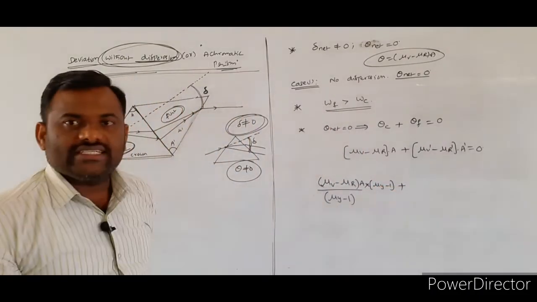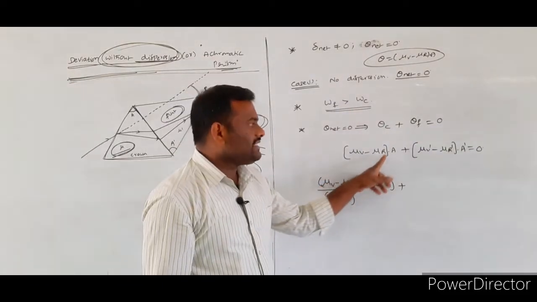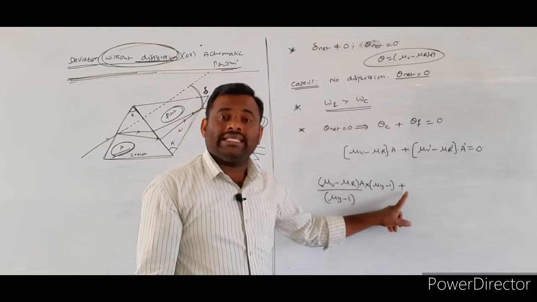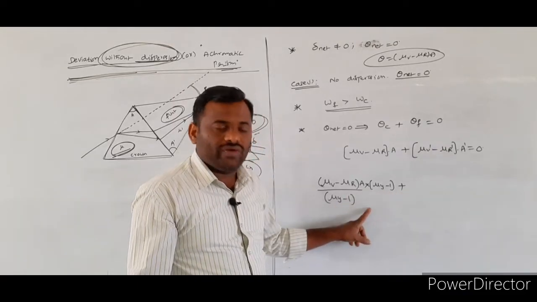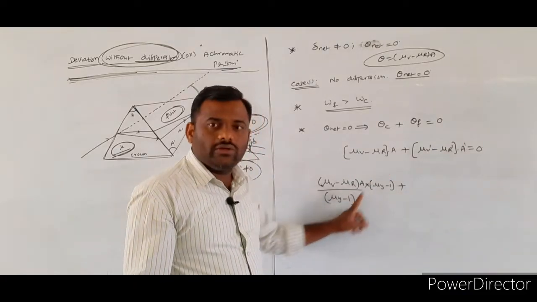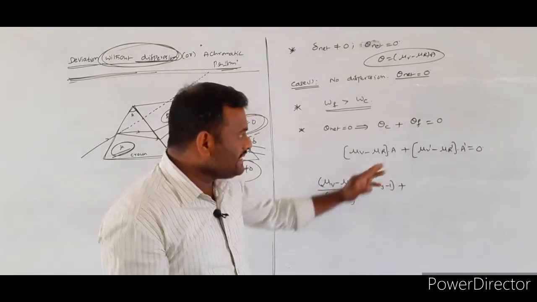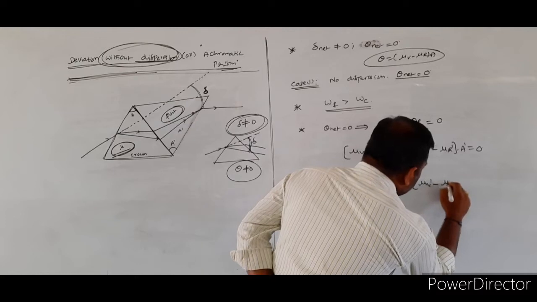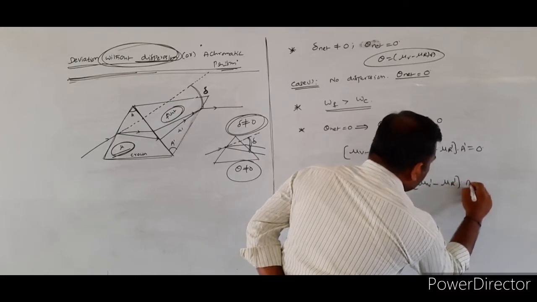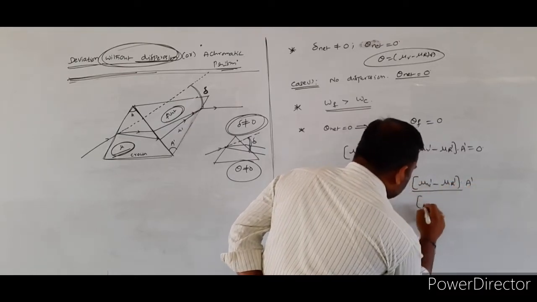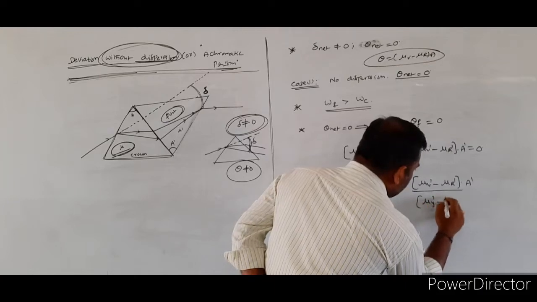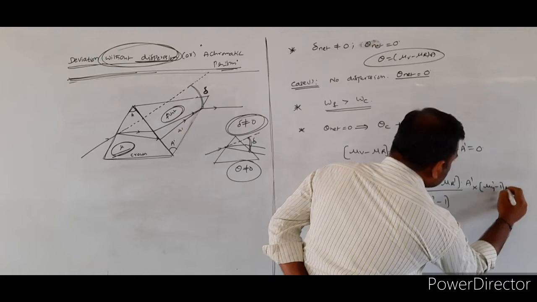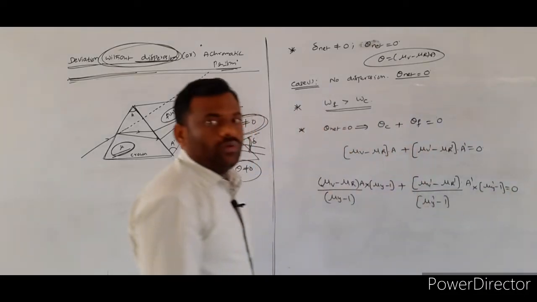So there is no change in value; these two factors cancel. Similarly, for the second term, mu v dash minus mu r dash into A dash is again divided by mu y dash minus 1 and multiplied by mu y dash minus 1. That value is equal to 0.